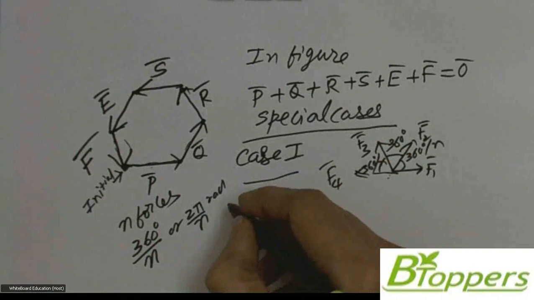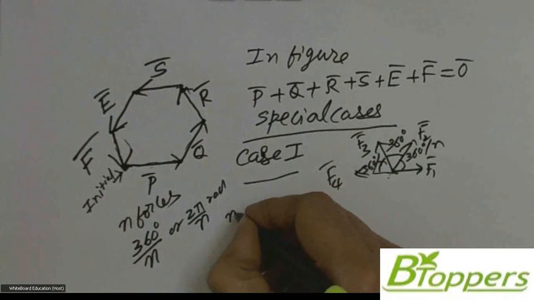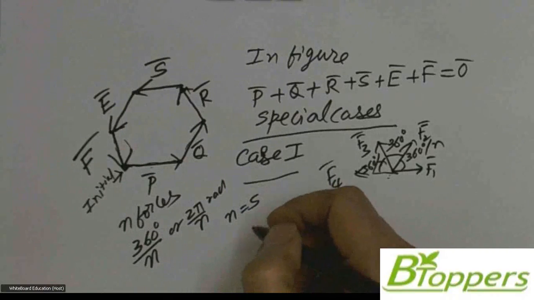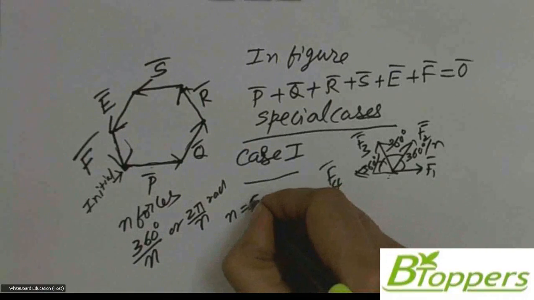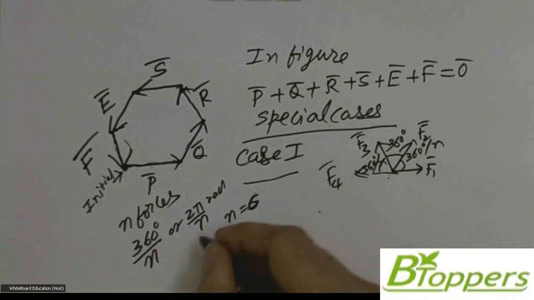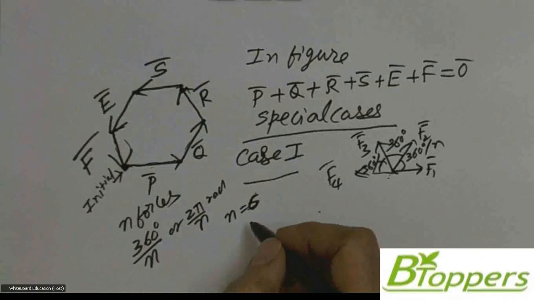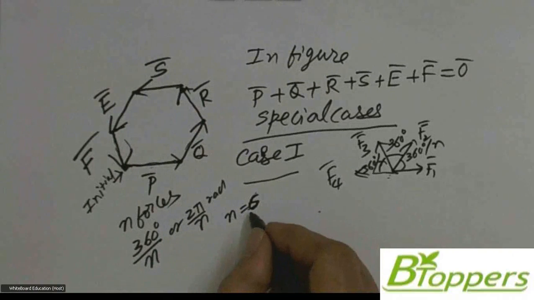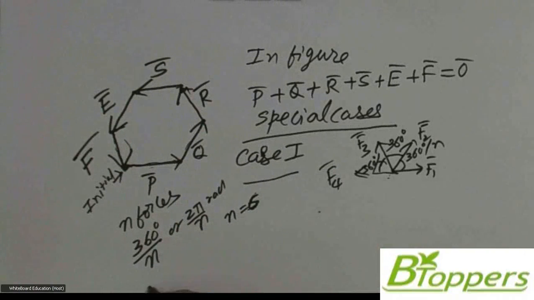For example, if you take n equal to 5, or let us take n equal to 6 otherwise. Let us suppose there are 6 forces of the same magnitude which act on a particle simultaneously, such that all the 6 forces lie in the same plane.